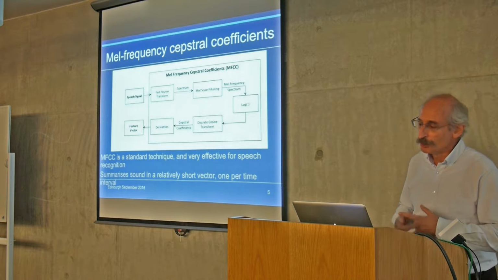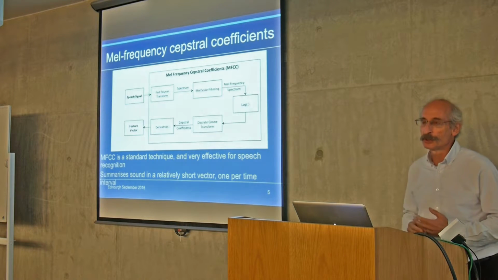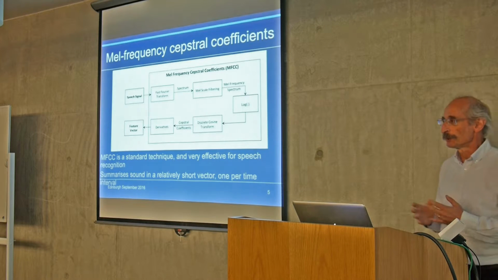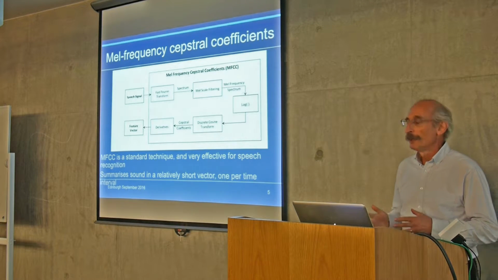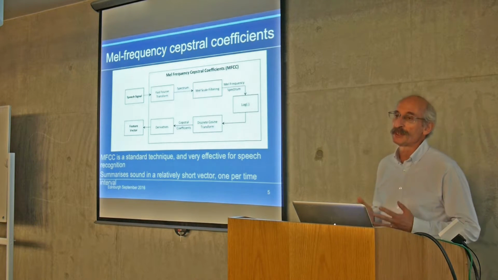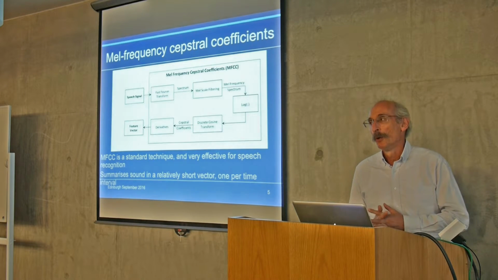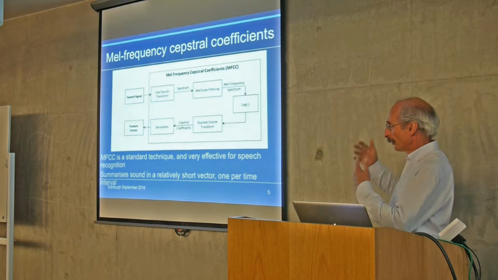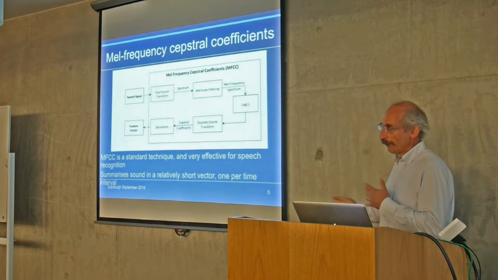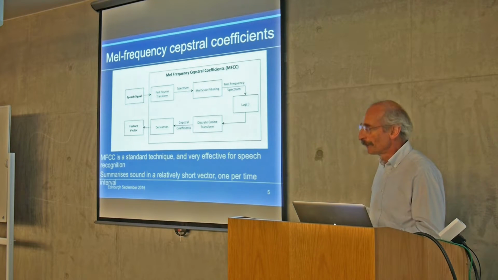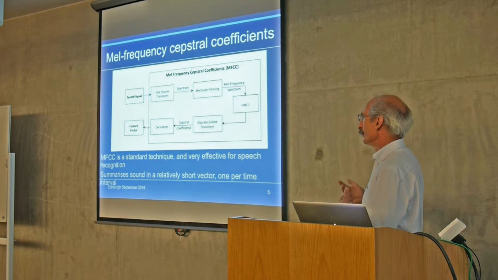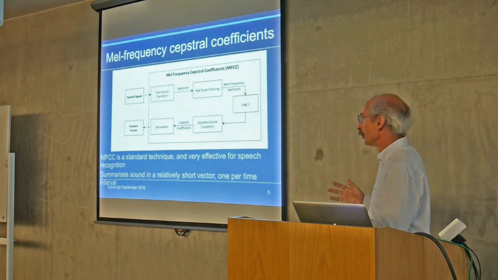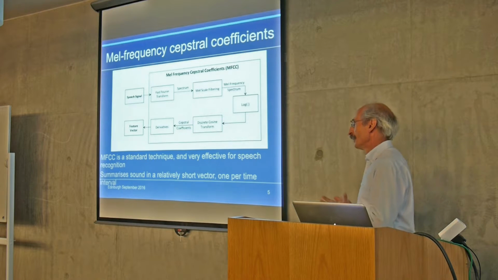The way in which it's usually used, or has been used traditionally in engineering, particularly in the speech community, is to work with mel frequency cepstral coefficients, which are a way of coding this particular speech sound. You take a fast Fourier transform, you take the spectrum, you do mel scale filtering, you take the log of it, you do a discrete cosine transform on it, that gives you cepstral coefficients, and you end up with a feature vector.